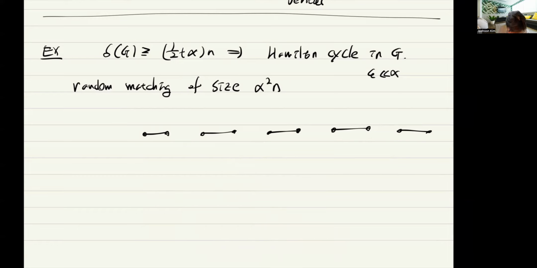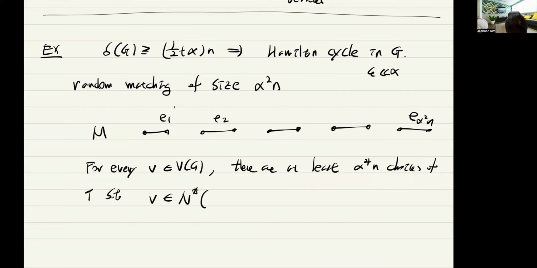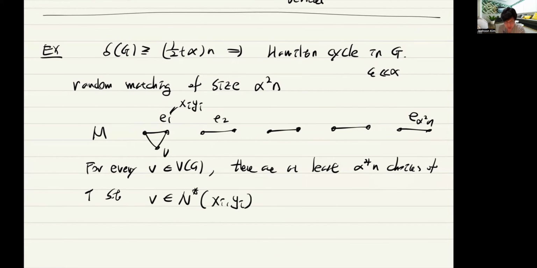So what you know from this is that if you take this random matching, say E1, E2, up to E alpha squared n, then for every v there are at least, say, alpha to the 4 times n choices of i such that v is in the common neighborhood of x_i, y_i. So v forms a triangle with this, for many choices of i.